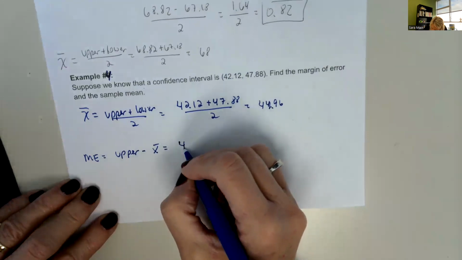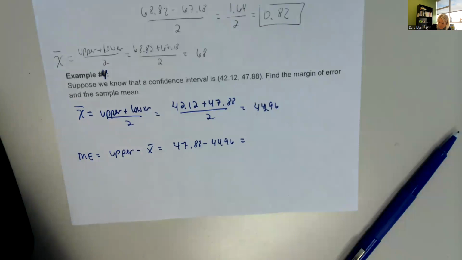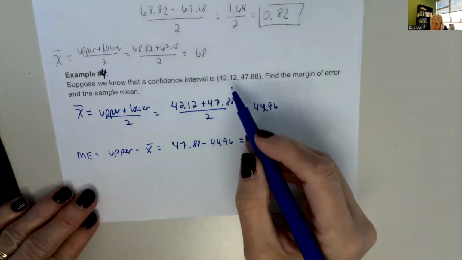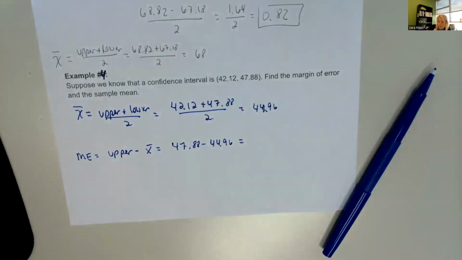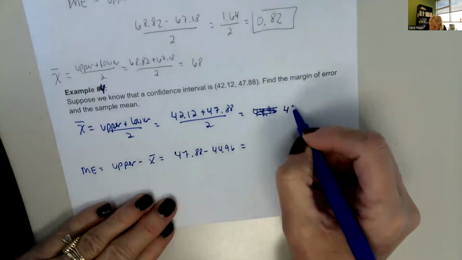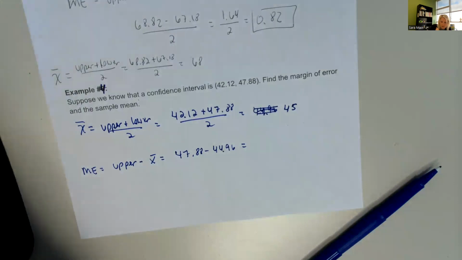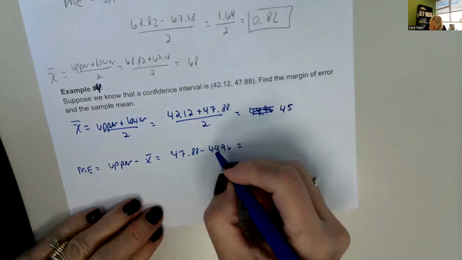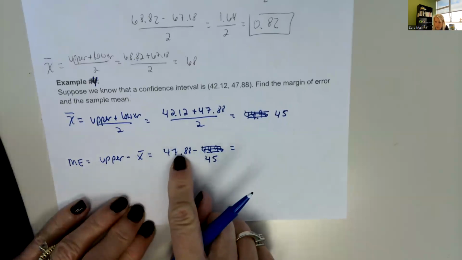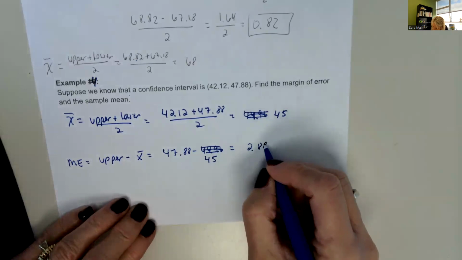That's one way we can do it, which is going to be 47.88 minus 45, which should be 2.88.